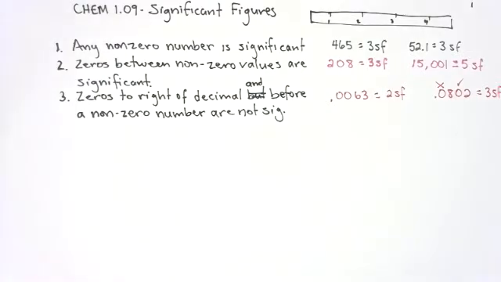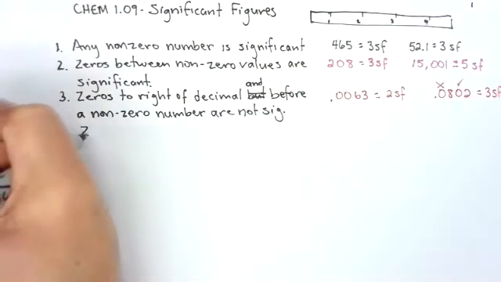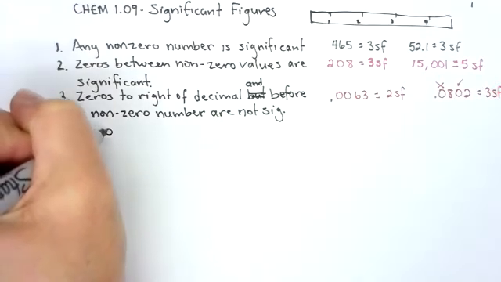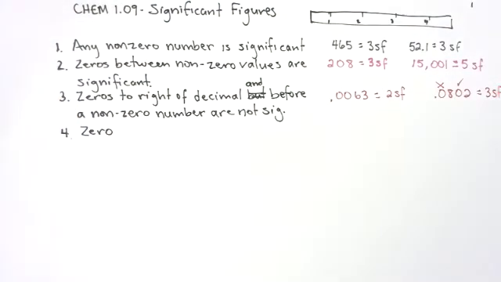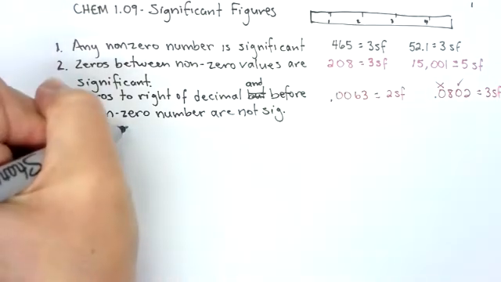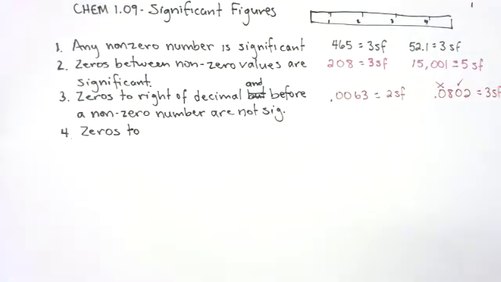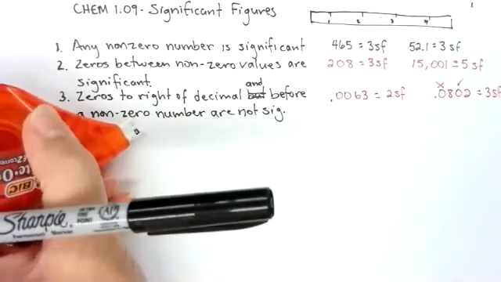All right, rule number 4. Now the next two have to do with zeros at the end of a number. Rule number 4, zeros, what if it's Z-E-R-O-E-S? I might have spelled zeros wrong on this entire thing. Well, I'm going to stay consistent. Zeros, let's see, we're going to say at the end instead of to the right.